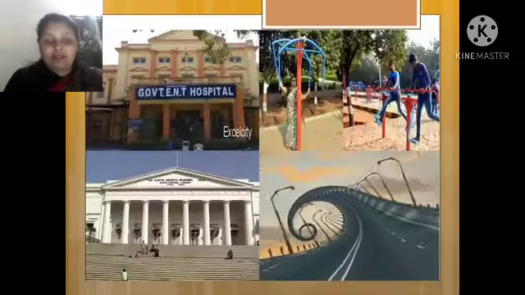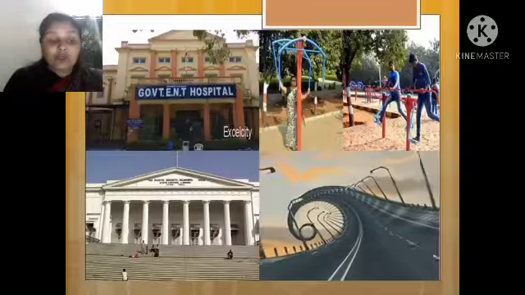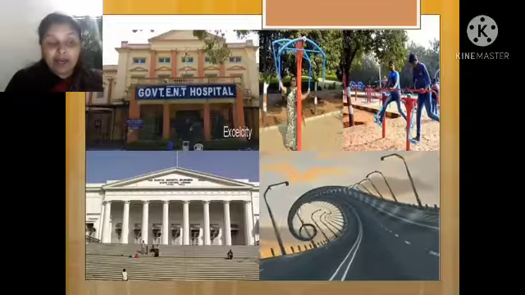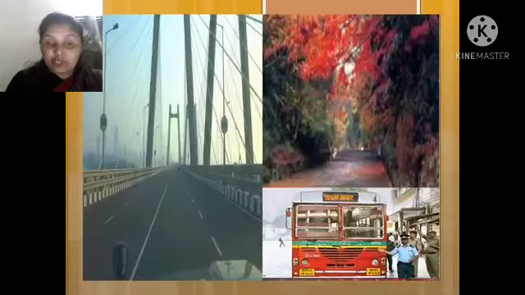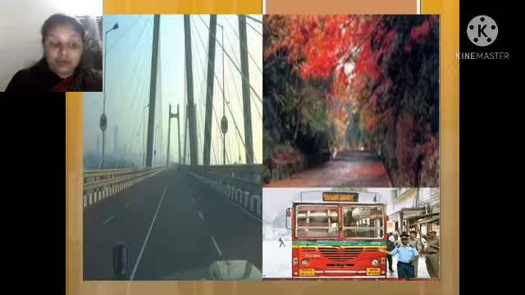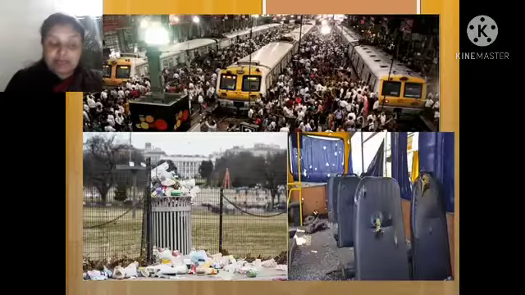Students, a good citizen has to imbibe many qualities. He has some duties and responsibilities to bear, and that's true. But at the same time, he also enjoys some rights and privileges as a citizen of a free state.